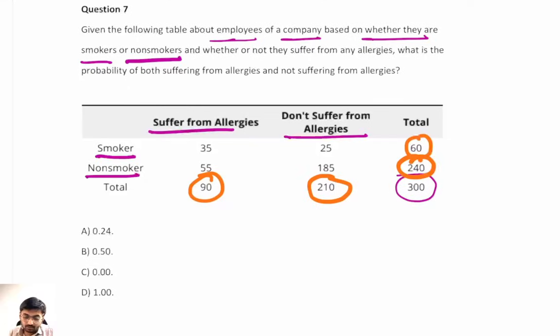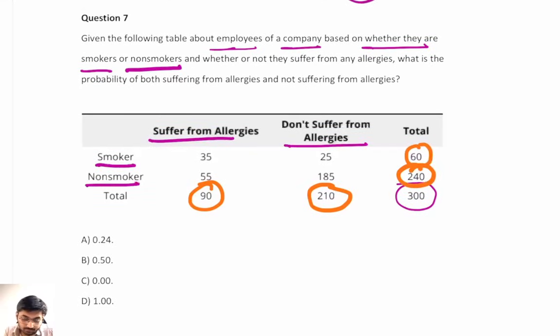Clear? Now they are asking me, given a problem based on whether they are smoker or non-smoker, whether or not they suffer from the allergy, what is the probability of both suffering from allergy and not suffering from allergy? What is the probability? That means you are picking up a person. What is the probability that he is either suffering from allergy or not suffering from allergy? So now this is a very intelligent question.